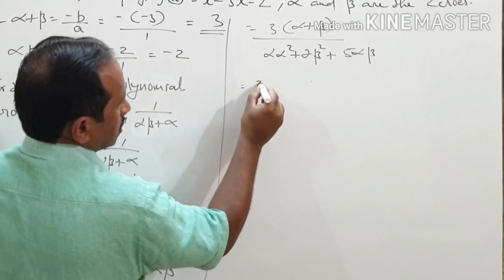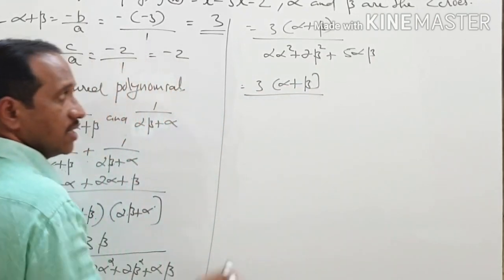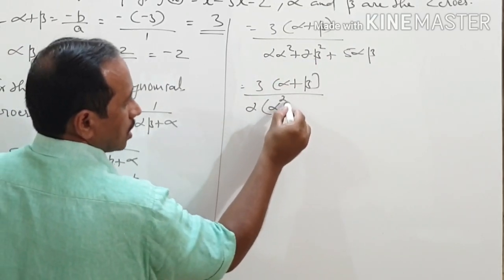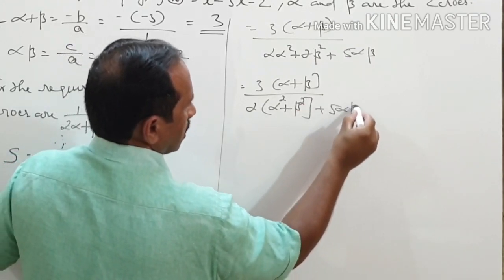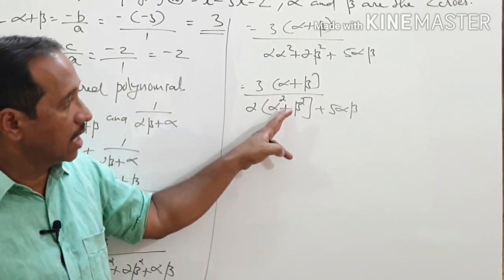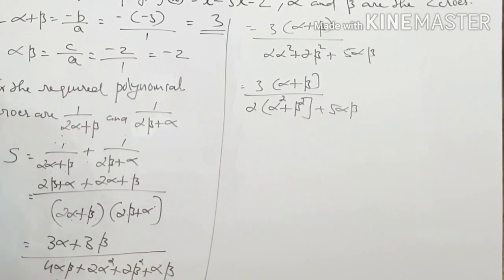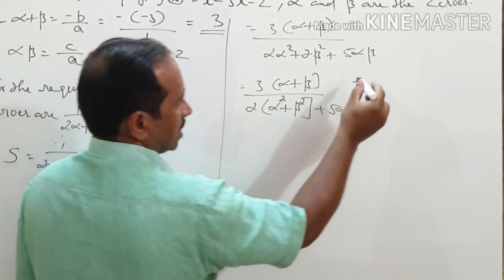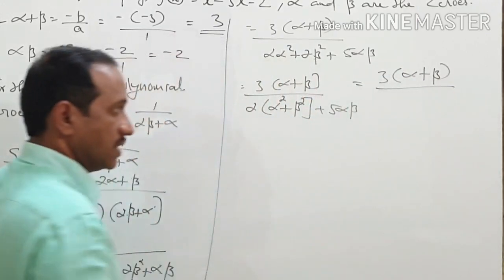So this becomes 3 into alpha plus beta divided by, from these two terms we can take a 2 common, 2 into alpha square plus beta square, plus 5 alpha beta. You know the expression for alpha square plus beta square in terms of alpha plus beta and alpha beta. So on substituting that value, the numerator has not changed, 3 into alpha plus beta.